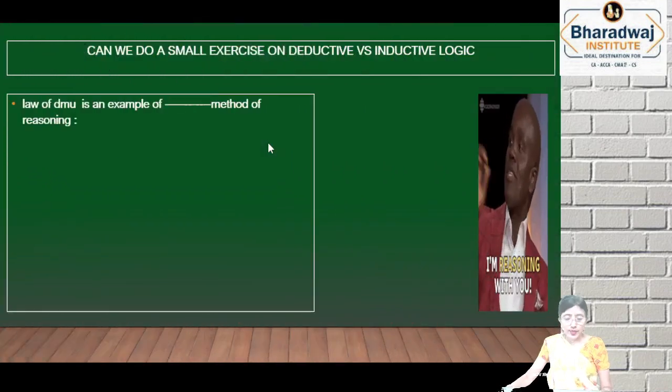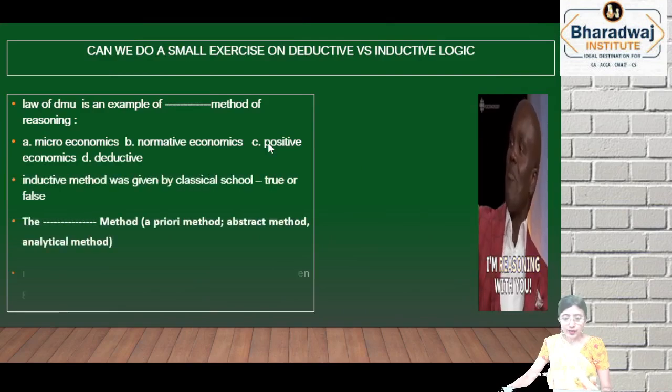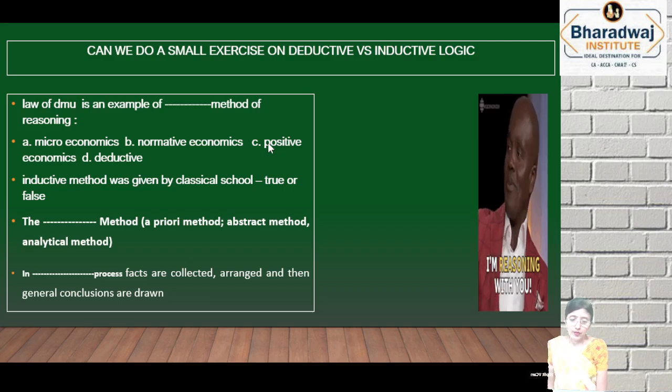Now, please come to your deductive and inductive logic. As far as deductive and inductive logic is concerned, you will be knowing which is general to particular and particular to general.